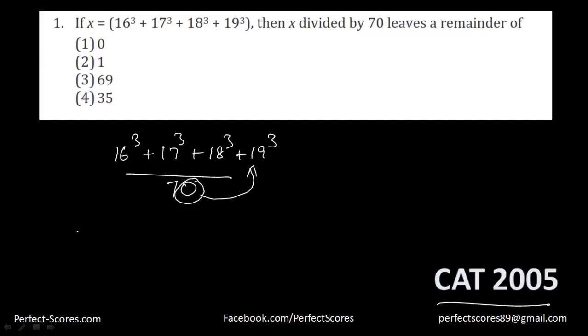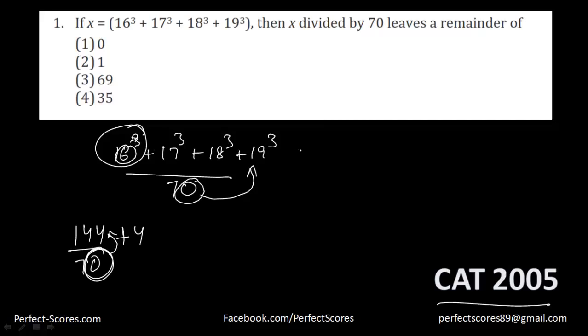As you can clearly see, if I say when 144 is divided by 70, the remainder is plus 4. Whenever the units digit is 0, the units digit would be the deciding factor of the remainder all the time. Okay, so what is the units digit of 16 to the power 3? 6 is going to have its own cycle.